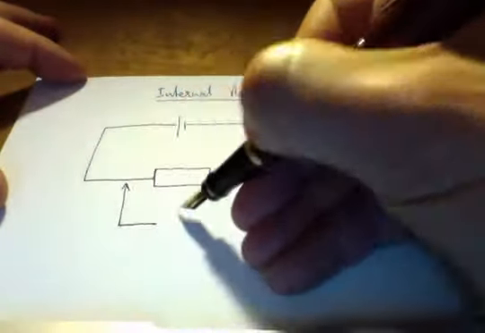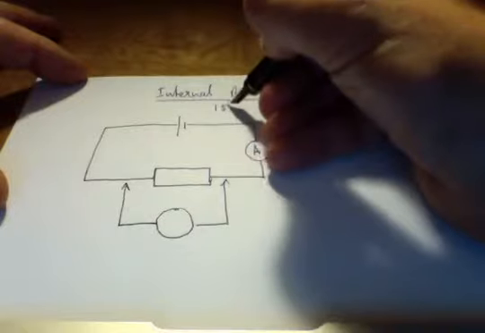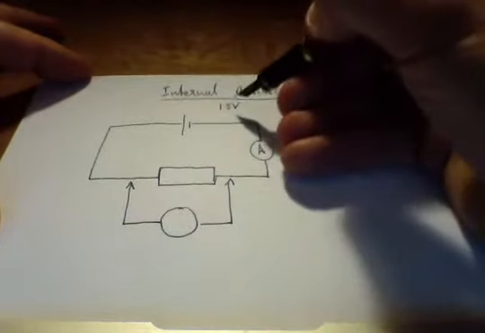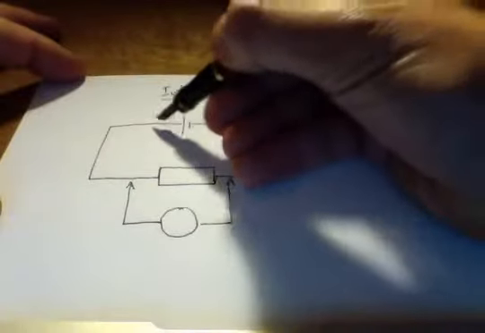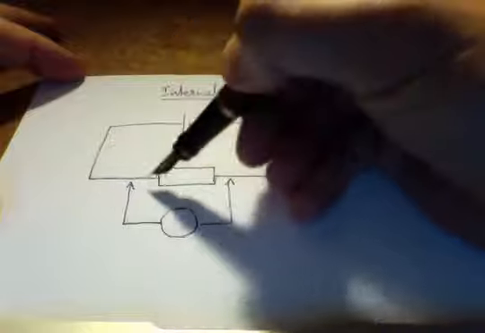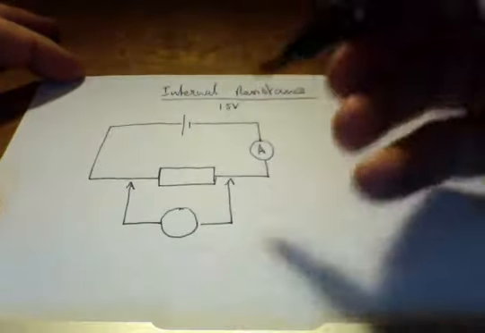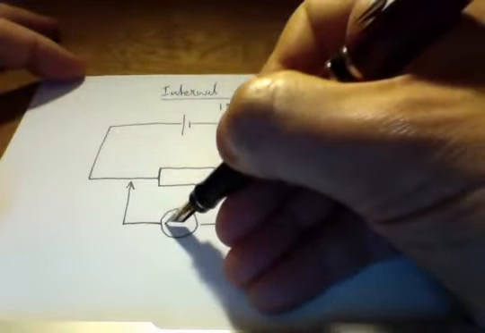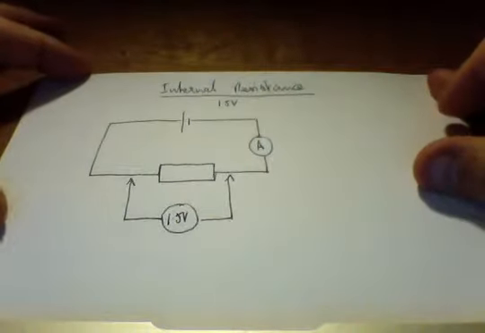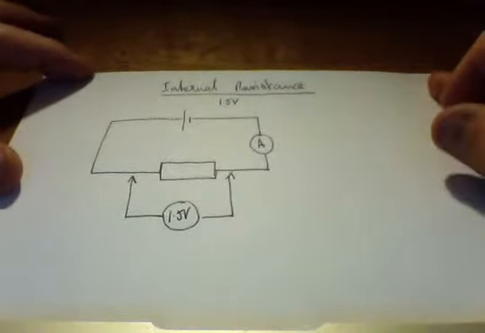Now let's imagine this is a 1.5 volt cell. Then what we're expecting is 1.5 volts a coulomb. It comes out with 1.5 joules on each coulomb, comes around and deposits all of its energy into the resistor, and so we're expecting about 1.5 volts appearing across that resistor.